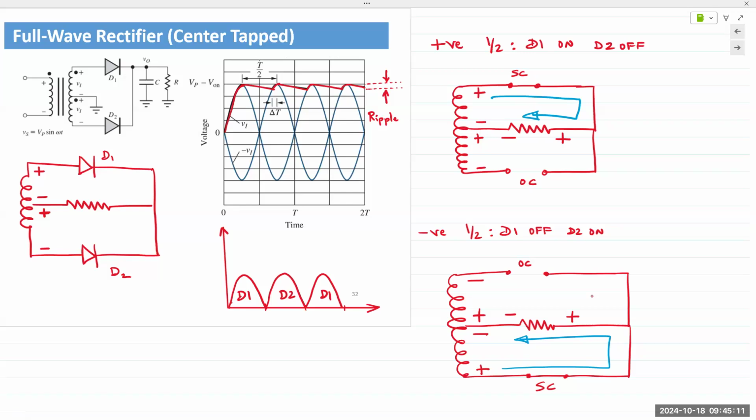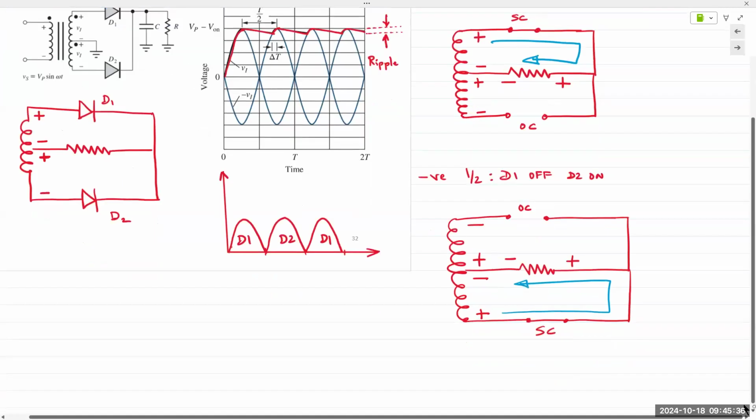The output is almost like a flat line with some ripples at the top, because it looks like the surface of the ocean, almost flat if you're looking at it from far away, but there'll be tiny waves or ripples of waves. And so that's what it's called, the ripple or the AC ripple.